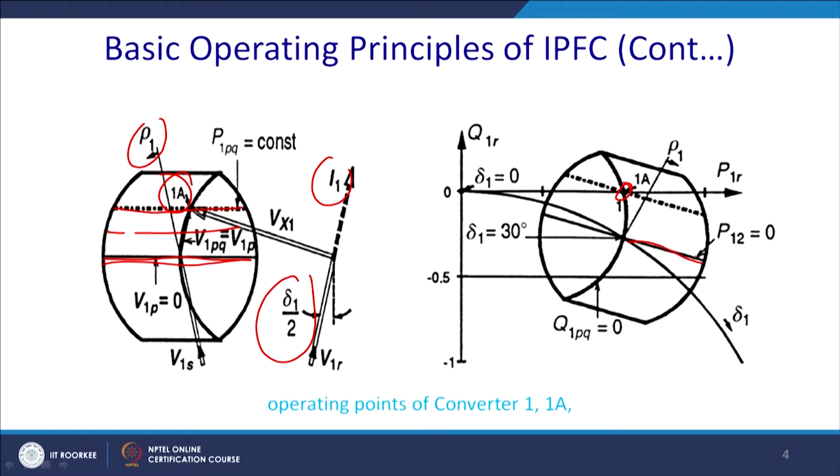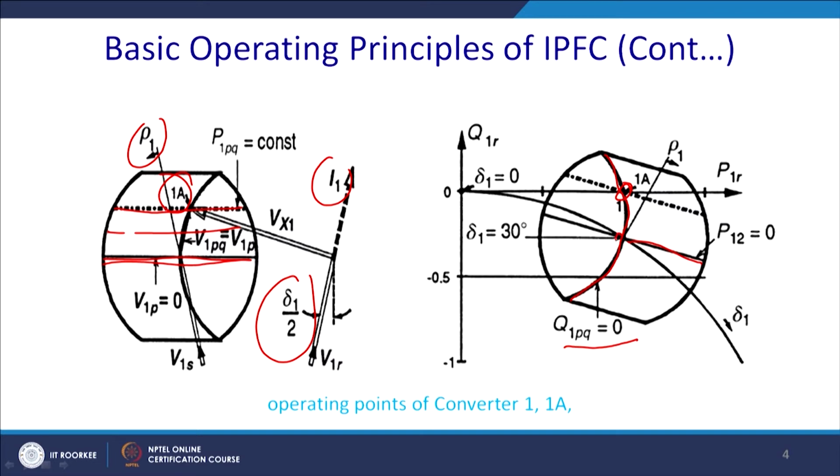Similarly, the power corresponding to this line is P1 equal to 0. Similarly, if you go by this line, the exchange of reactive power along this line is 0, so Q1 is 0, and you are operating at the same operating condition, delta equal to 30 degrees.